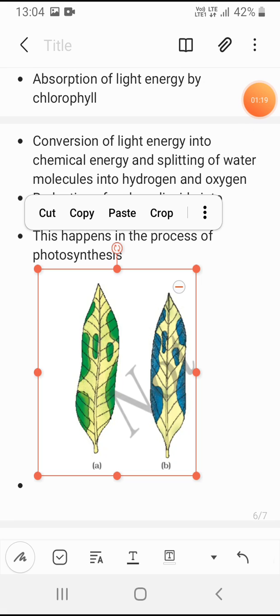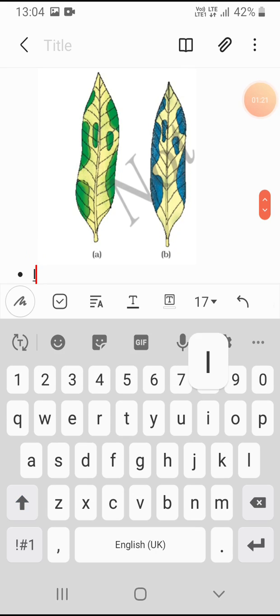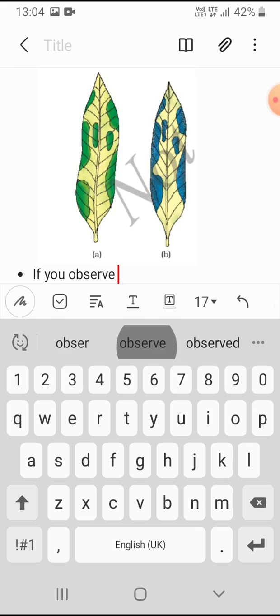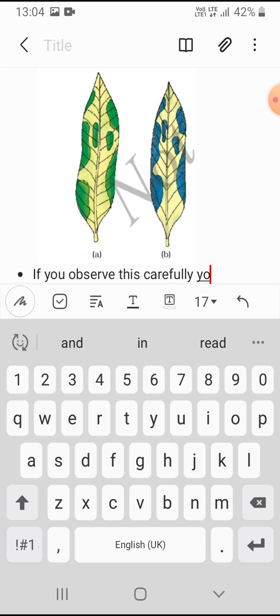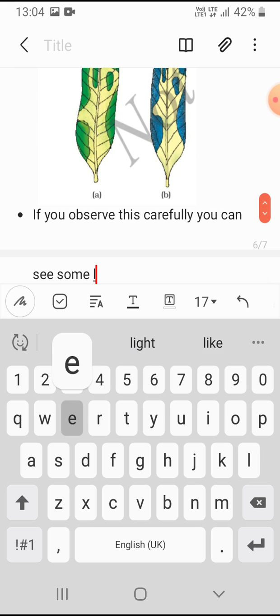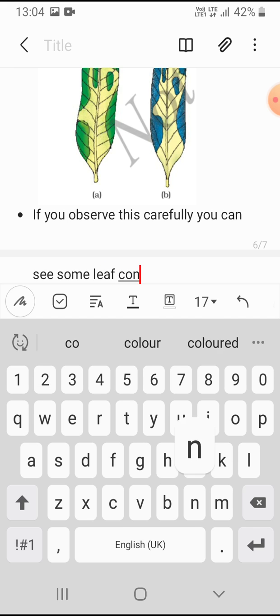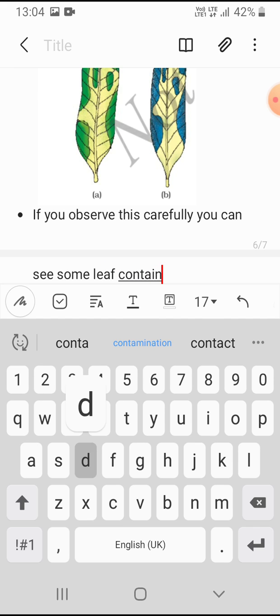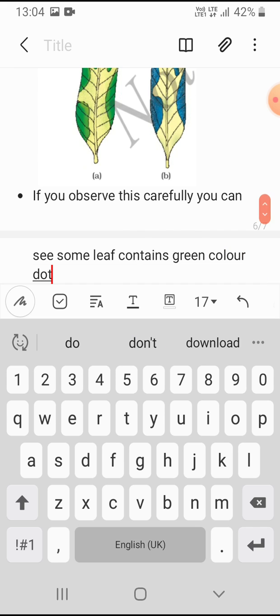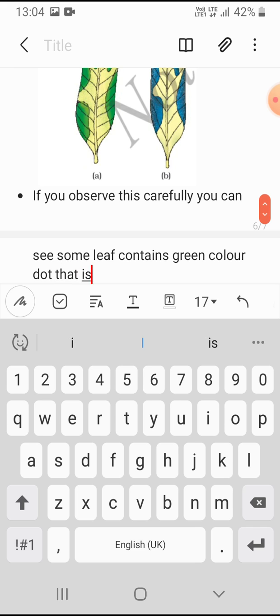Next, if you observe this carefully, you can see some leaf contains green color dots. That is chloroplast.